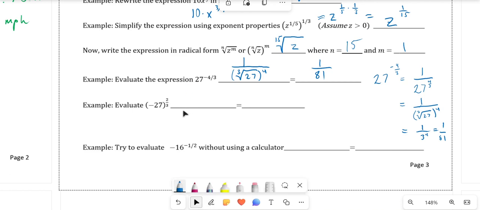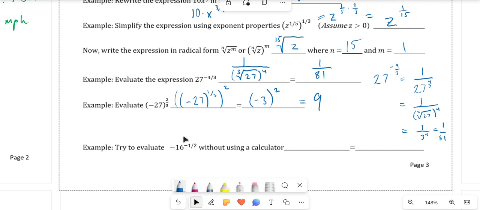If I have negative 27 to the 1/3 power, and I raise that to the square, this is going to be equal to minus 3. That's the 3rd root of negative 27 squared. But that is positive 9, because we're now multiplying a number by itself. Negative times negative gives me a positive number.